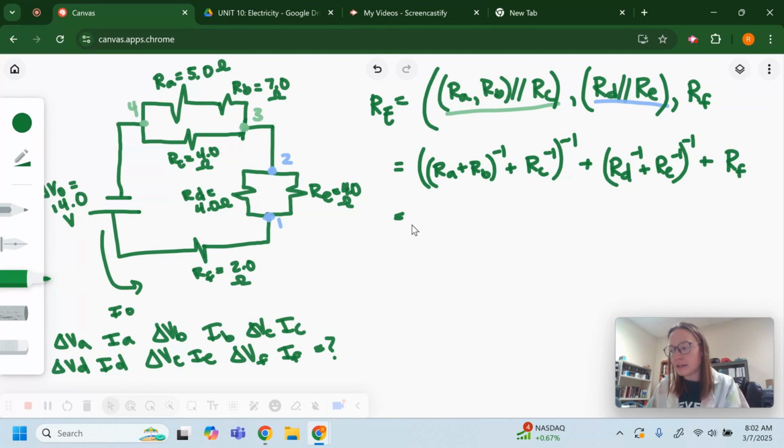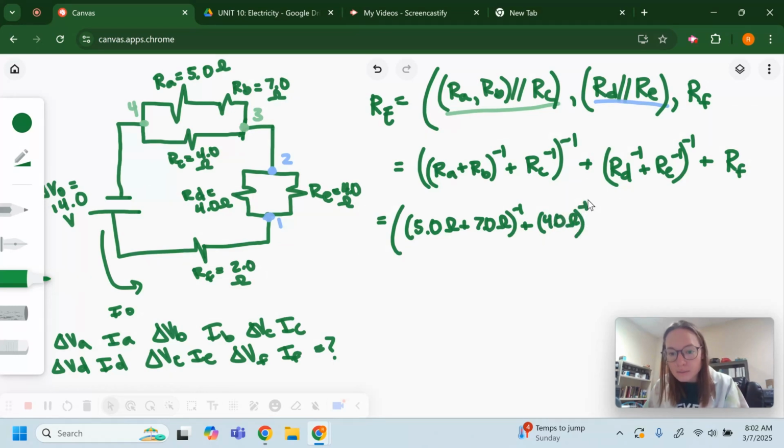Now I can plug in numbers. For R_A, I plug in 5.0 ohms. For R_B, oh gosh, wait, don't parenthesis yet. Okay, for R_B, I plug in 7.0 ohms. For R_C, I plug in 4.0 ohms.